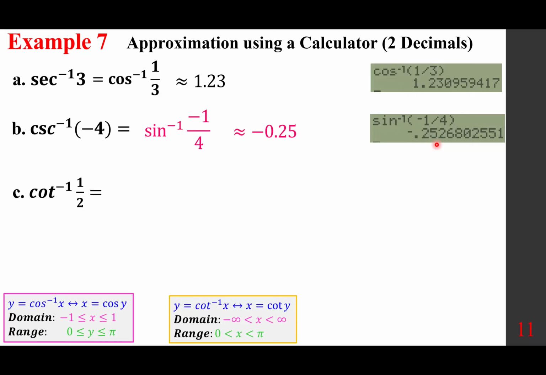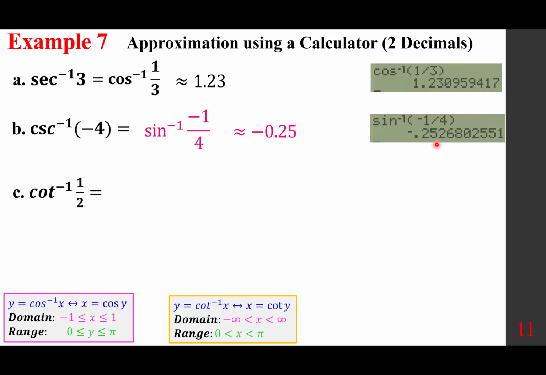Cotangent inverse of 1/2. Now, because it's positive and it happens in the first quadrant, you can go with the tan inverse of 2 for the sake of argument. But if it's negative, it can't happen because tan goes from negative pi over 2 to pi over 2 and cotangent goes from 0 to pi.